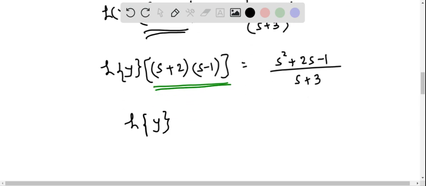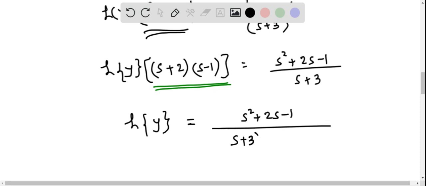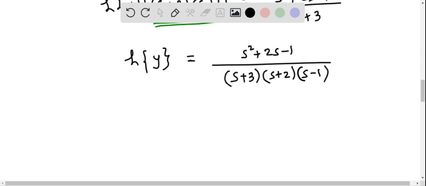So we will have Laplace transform of y, and this equals, when we divide by that term, s squared plus 2s minus 1 in the numerator, and we have s plus 3, and when we divide, these two factors will also get multiplied. So it becomes s plus 2 times s minus 1. Now Laplace transform of y is written as a function of s, that is Y of s.